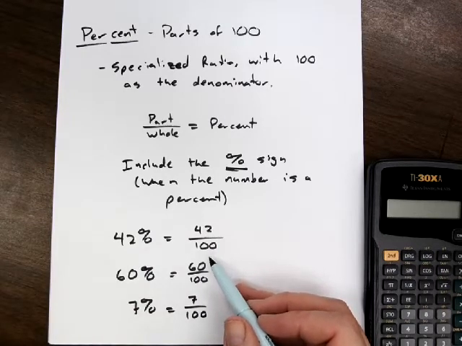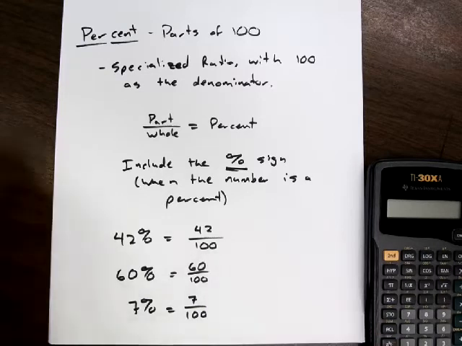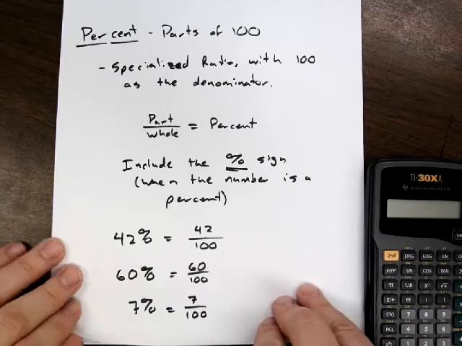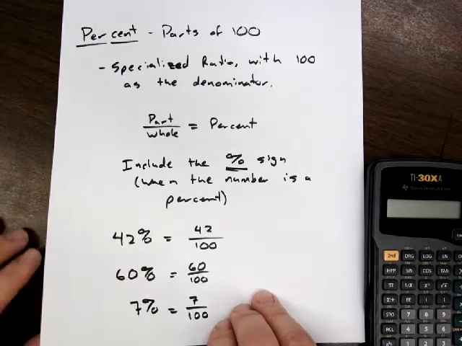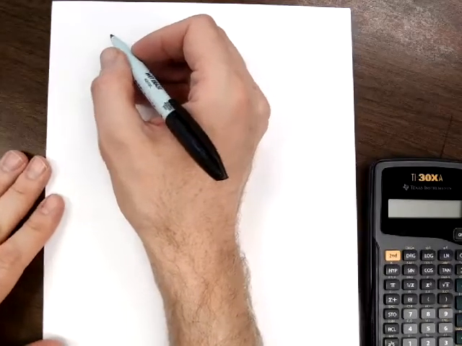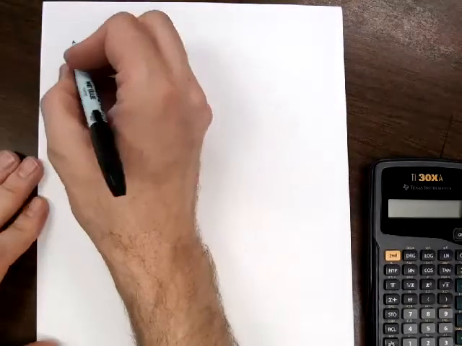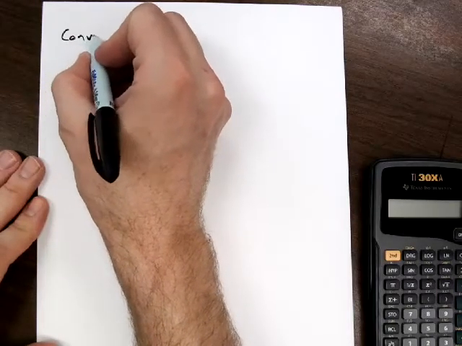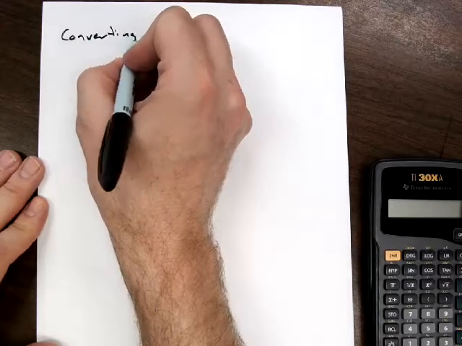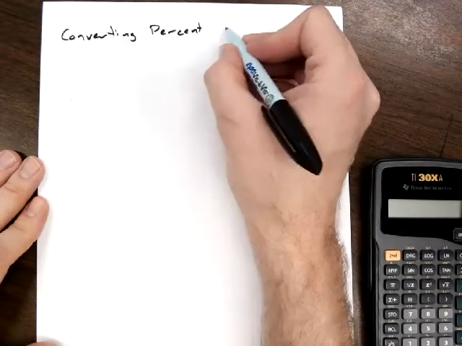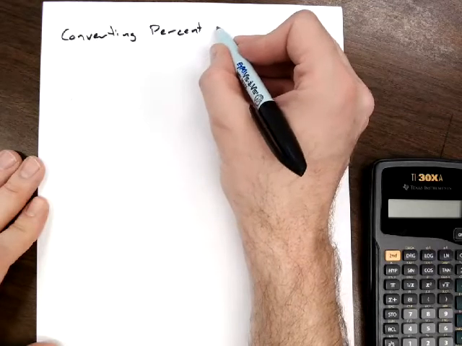Now let's talk about converting between our different types of numbers to and from percent. The first and easiest is going back and forth between percents and decimals.